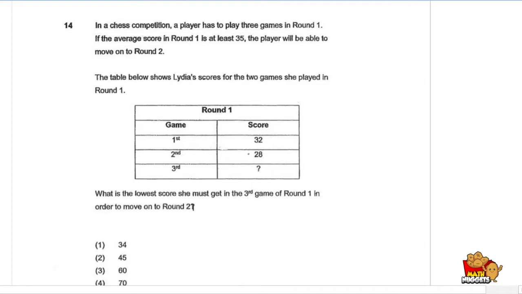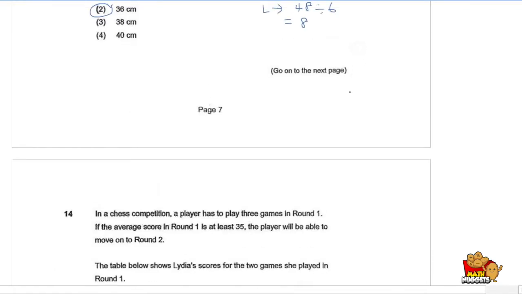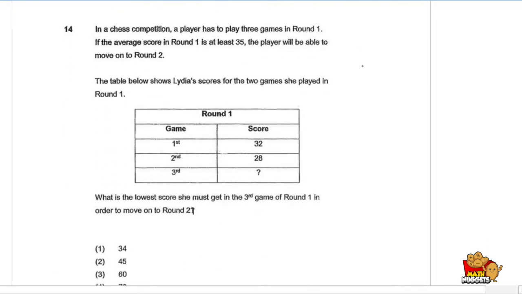Question 14. We need the average in round 1 to be 35. Round 1 has 3 games. So if the average needs to be 35 and there are 3 games, the total needs to be 105.